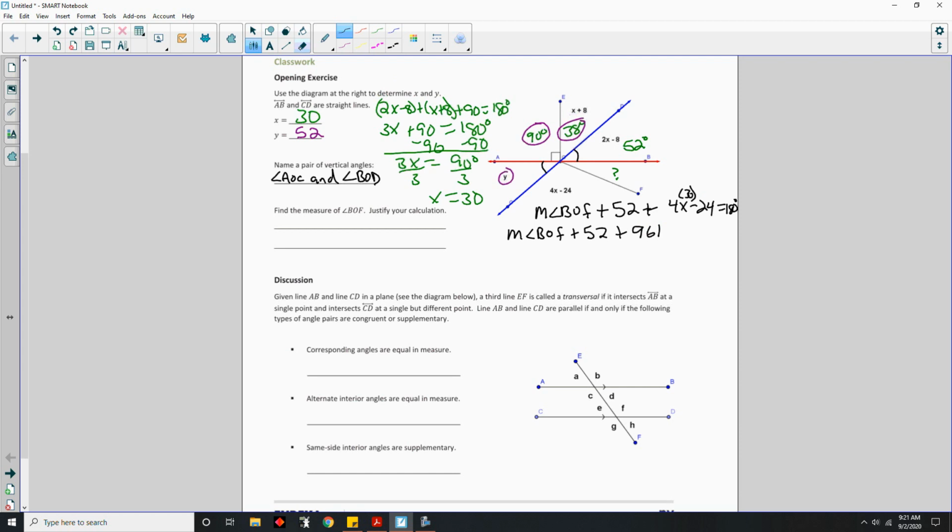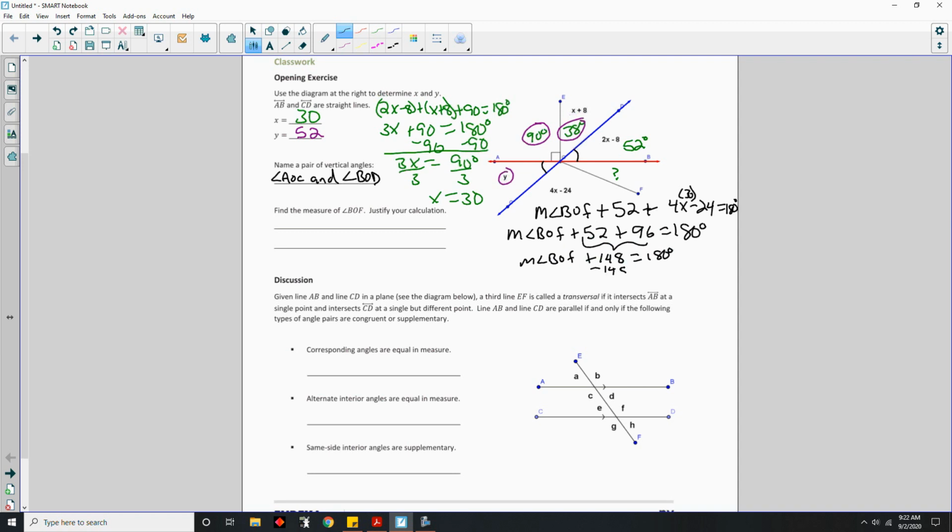Oops, 96 equals 180 degrees. Combine like terms. The measure of angle BOF plus 96 plus 52 is 148 equals 180 degrees.